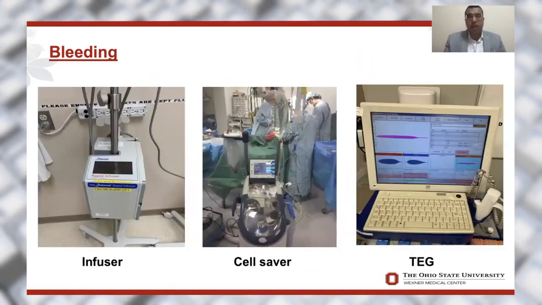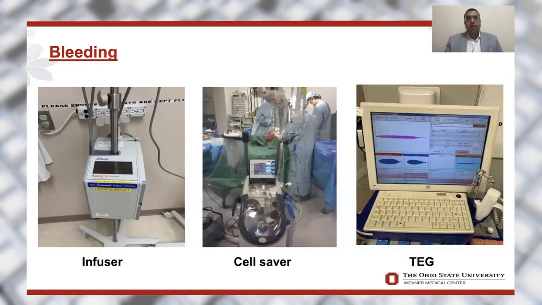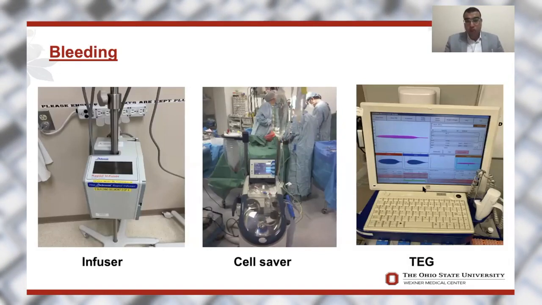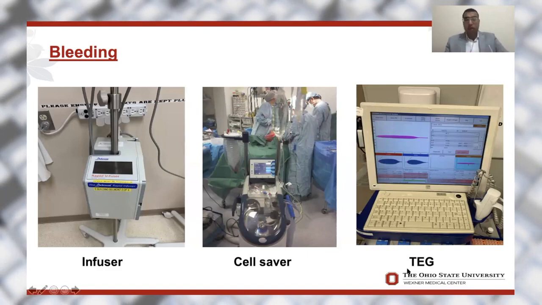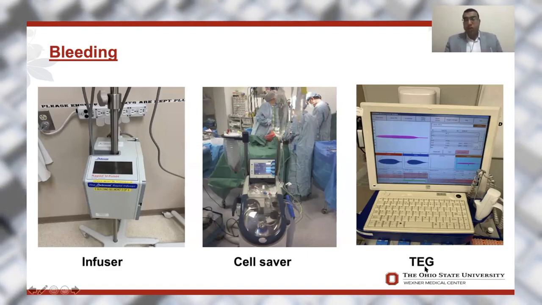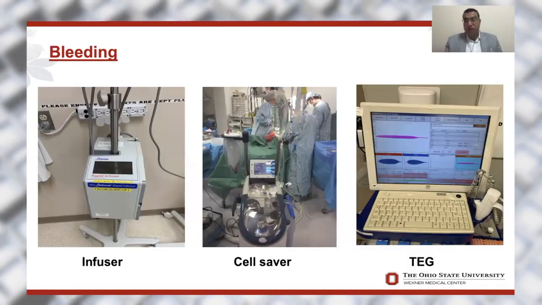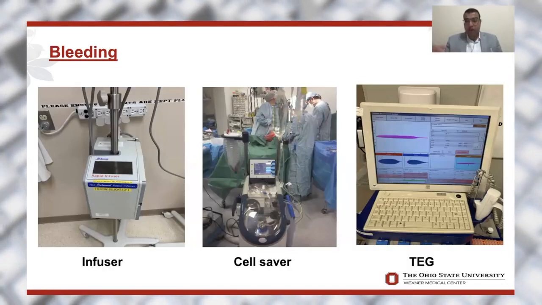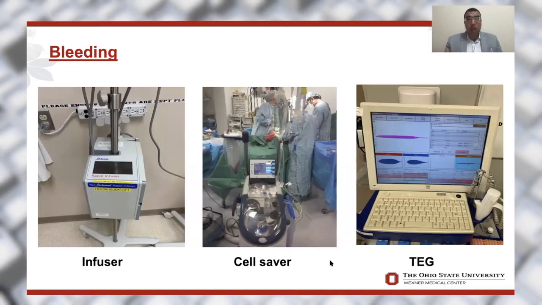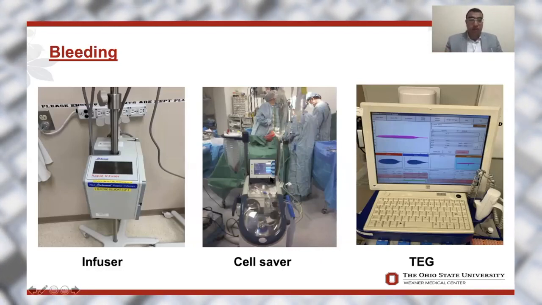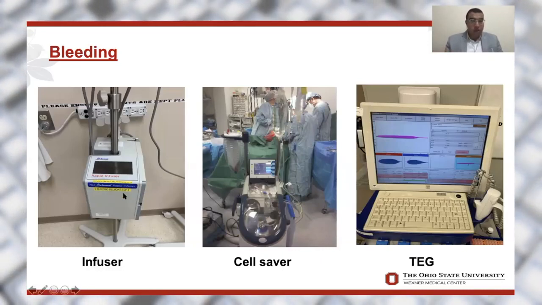Bleeding is not a big issue in lung transplant, but to manage it, you should consider thromboelastography. It can tell you what your patient needs: cryoprecipitate, fresh frozen plasma, or any one of the coagulation factors. You should use a cell saver to save the blood. And this is a very nice device called the rapid infuser.